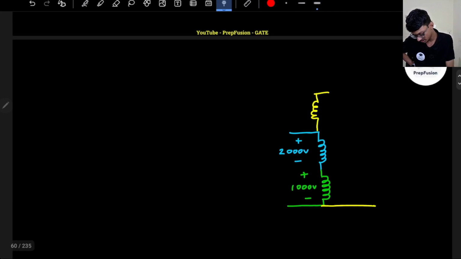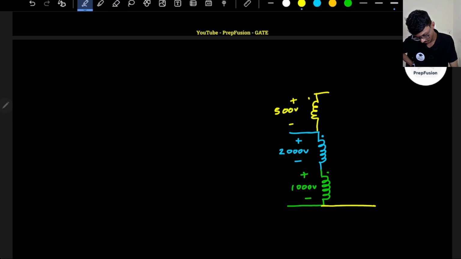So the load 1 is connected here, right? This is 500 volts. So this is dot, this is dot, this is dot, this is dot, and this is dot. So this is also 500 volts. Okay, so overall a load is connected in this 3500. So all these are added basically.